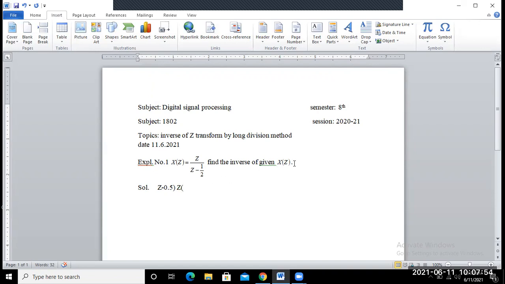Another thing is given to you: the ROC, that is, the magnitude of z is greater than 1.